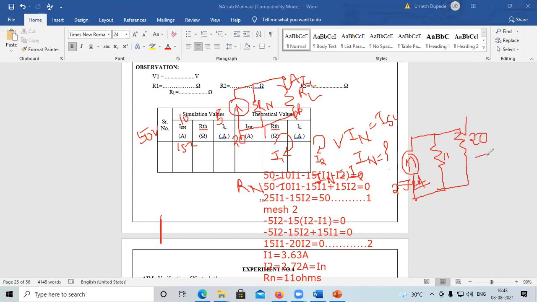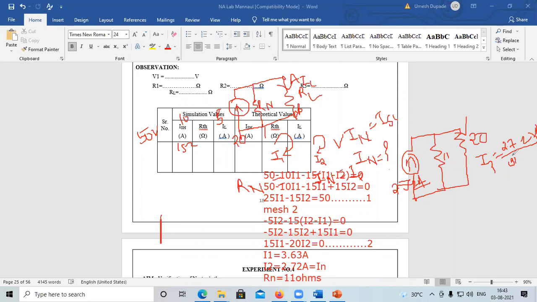याच्यामधून फ्लो होणारा करंट पाहिजे मला. सपोज करंट फ्लोइंग फ्रॉम दिस इज नथिंग बट I2. अप्लाय करंट डिव्हिजन रूल. Total current 2.72 into opposite resistance, that is 11, divided by the sum of all the resistances, that is 31. किती येते व्हॅल्यू? 0.965.